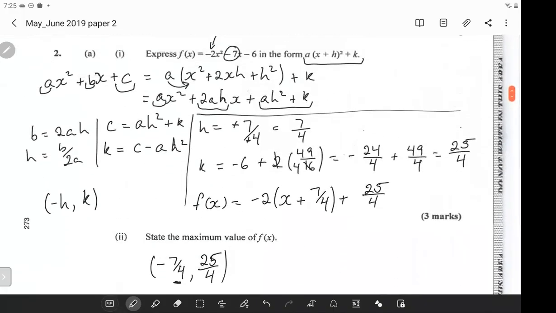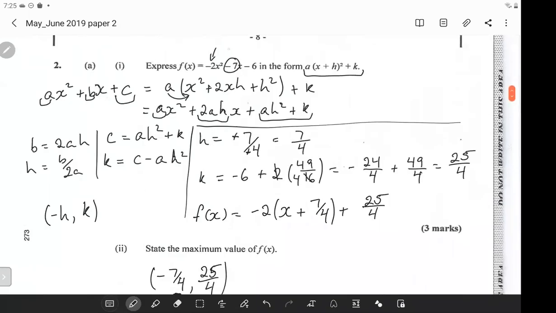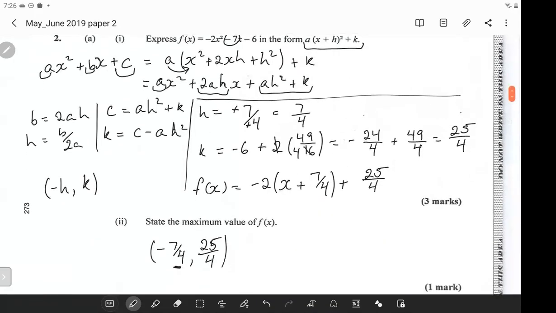You could verify this by placing -7/4 into f of x and working it out, and you'll notice that that is the maximum value you get. If you go less than -7/4, you'll get something smaller. If you go more than -7/4, you get something smaller. And remember that quadratic graphs only have one turning point. Cubics have at most 2, etc.